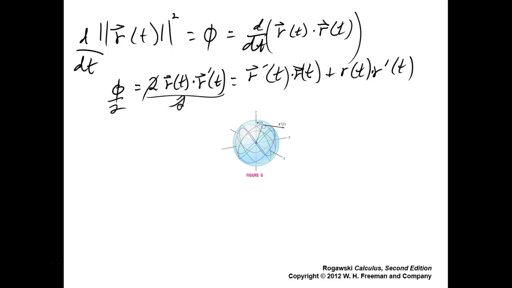It's figure 6 in both. This one has the caption that r prime of t is orthogonal to r of t if r of t is a fixed length. So that means that the velocity of that motion is always perpendicular to, or tangent to, the surface of the sphere. That would be the better way of saying it.